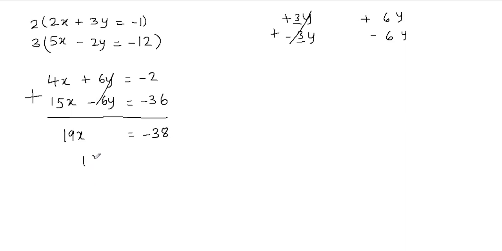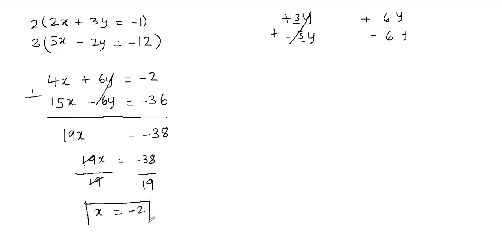Now I've got a one-step equation, 19x is equal to negative 38. To get x by itself, I just need to divide my equation by 19. This 19 and 19 will cancel out each other. I'll get x is equal to negative 38 divided by 19, which is equal to negative 2.